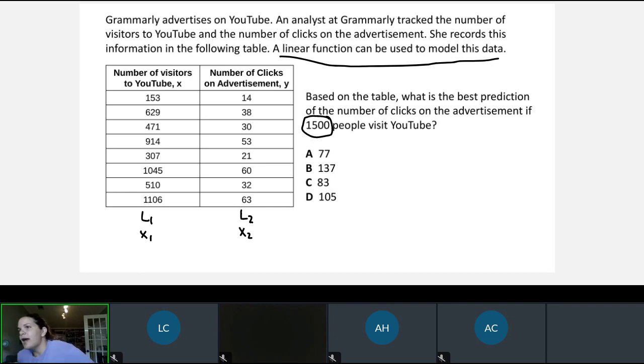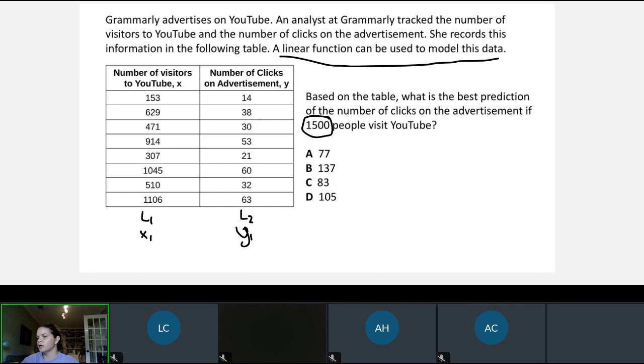So you're going to put X in column X1 or L1, and then the Y's go in L2 or I think I put X2, but I meant Y1. Sorry, this should be Y1.